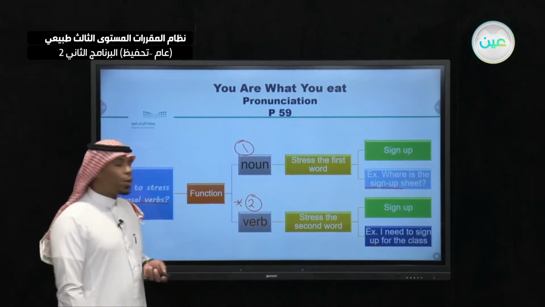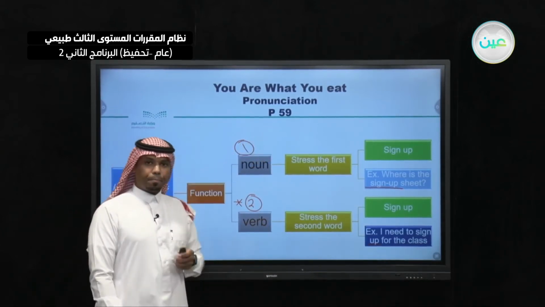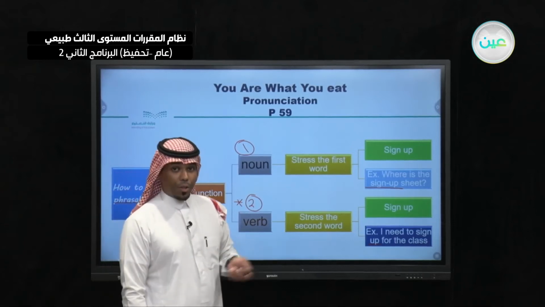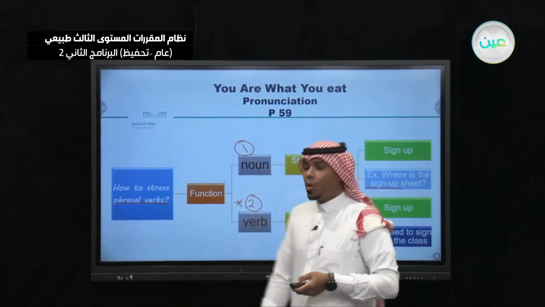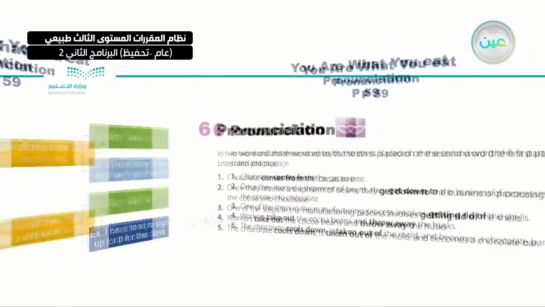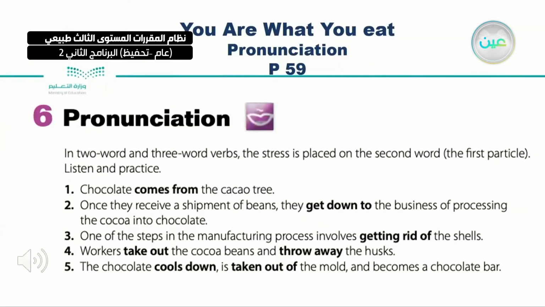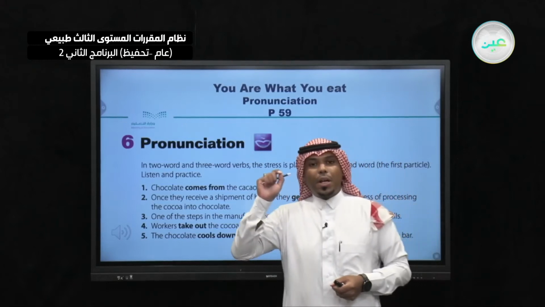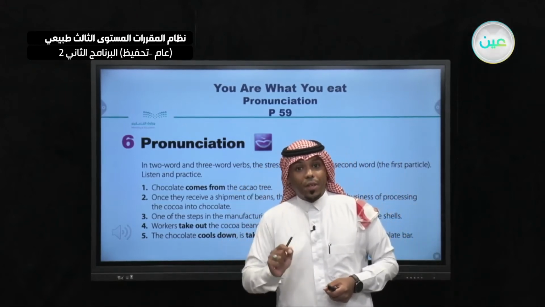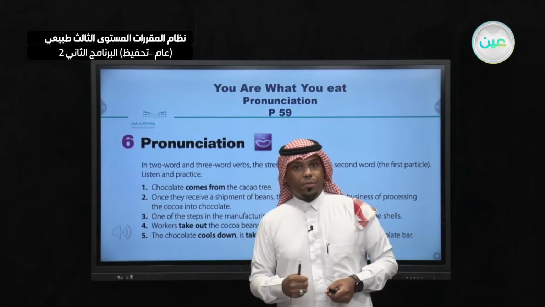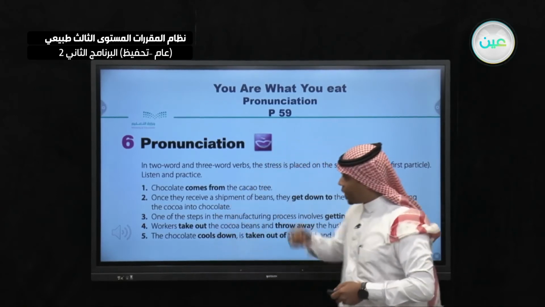Now open your book, page 59. What we are going to do is this. We are going to practice now, but first you are going to listen to the audio to see the stress and how we can pronounce the 2 or 3 word phrasal verbs. Let's read together.